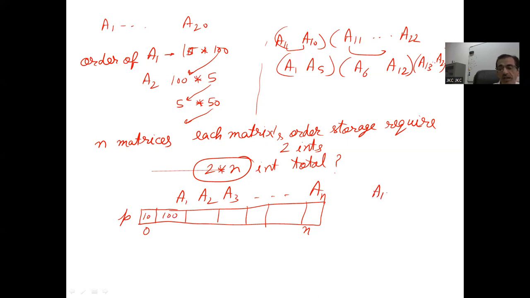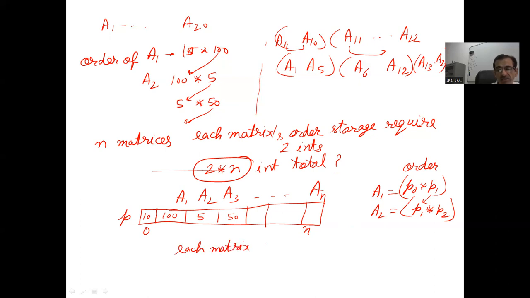So A1 order is P0 into P1. Then A2 order is nothing but P1 into P2. So P1 can be common. I will store 100 once, 5 stored, 50 stored, and so on. By this process, effectively only n plus 1 values are stored. So each matrix AI order is simply Pi minus 1 into Pi.